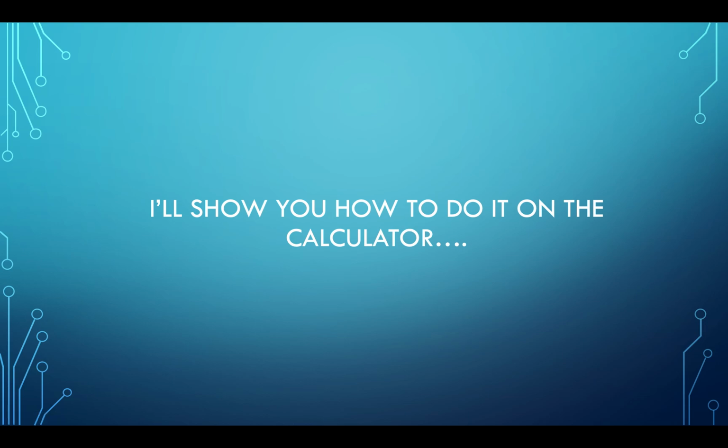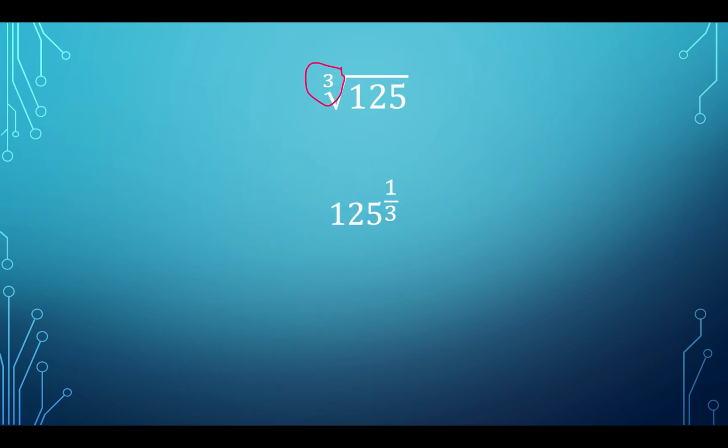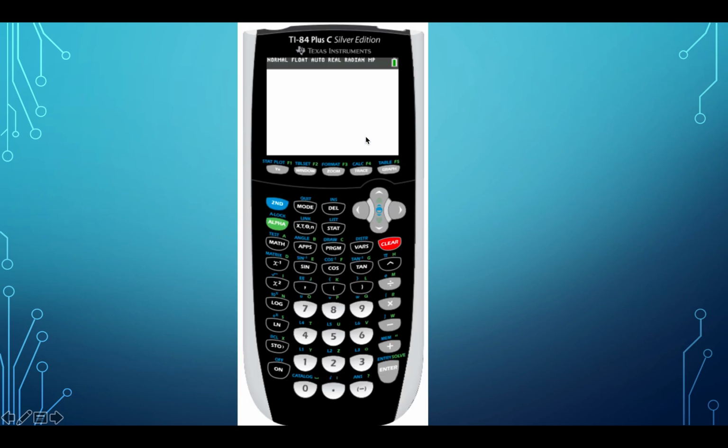I'm going to show you how to do it on the calculator. If you have your graphing calculator at home, once you put in the number underneath the radical sign, here 125, the next thing we hit is this caret button, the power button. It's underneath the clear, but above the division sign.